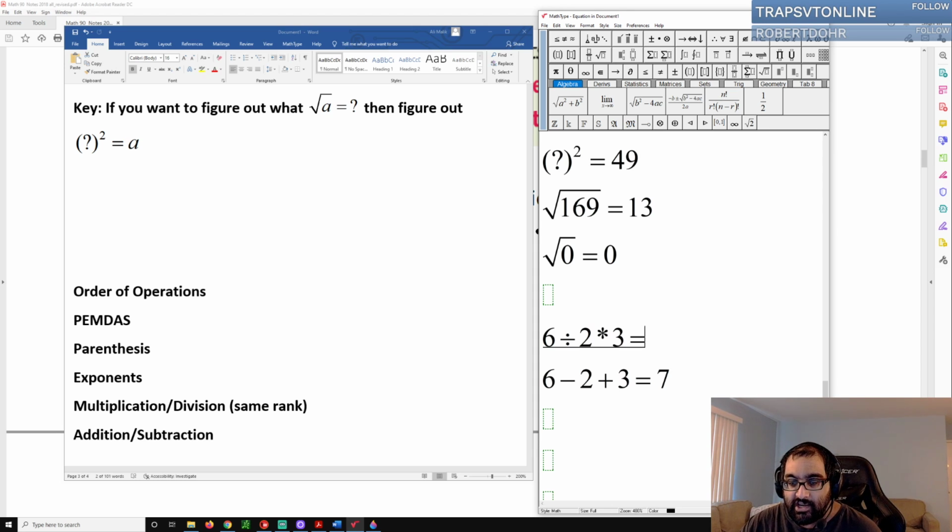So in this case, we do 6 divided by 2, which is 3, then take 3 times 3, and that's where we can justify the 9. I'm just pointing out exactly how we came up with 9 as our answer. I'm not going to treat it any differently than if I had minus and plus. I'm just going to go left to right and roll with it.